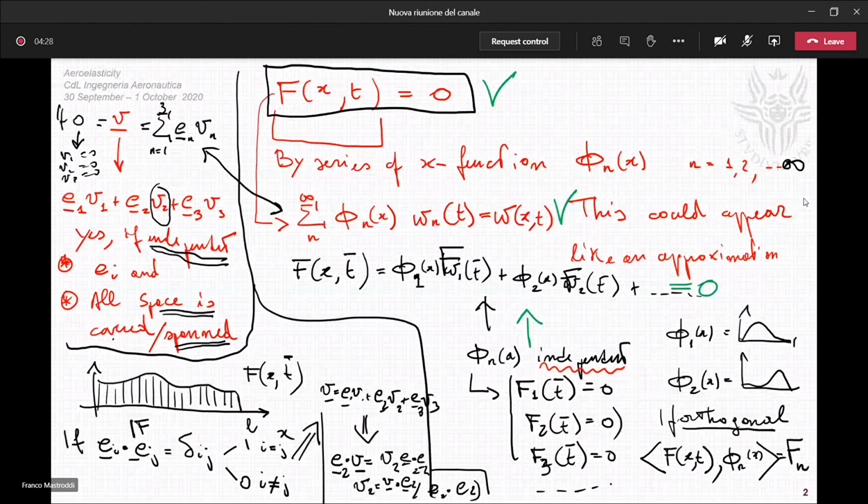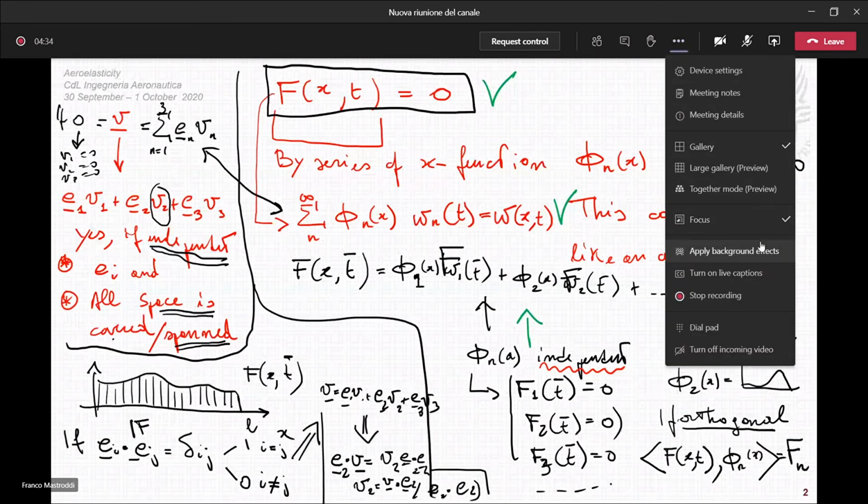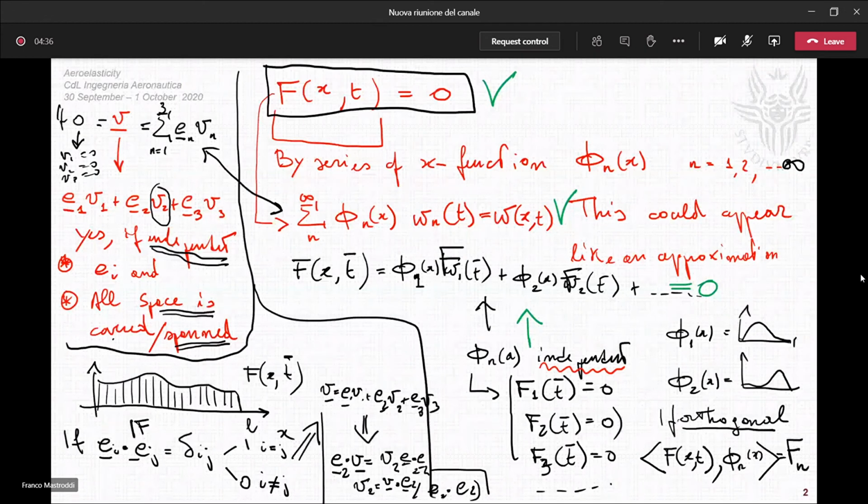These functions are requested to be independent, essentially. But if they are orthogonal besides independent, it's better, of course. We are lucky.